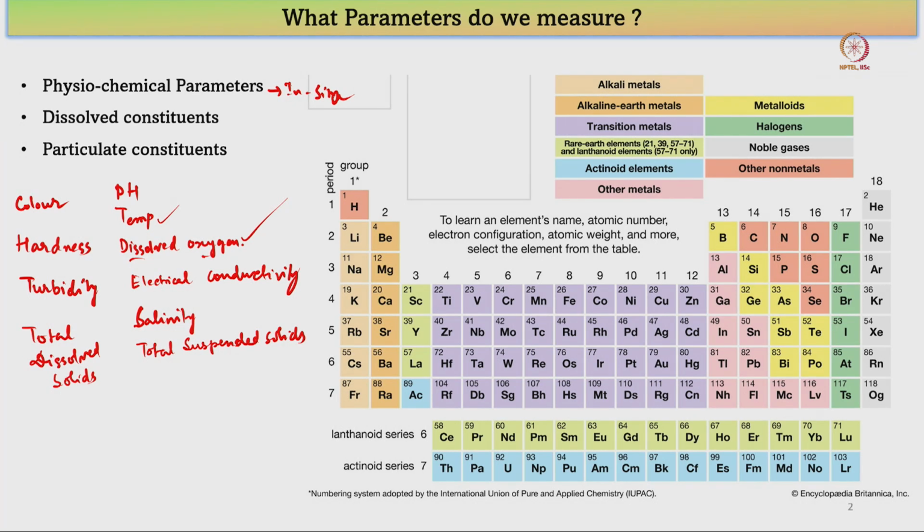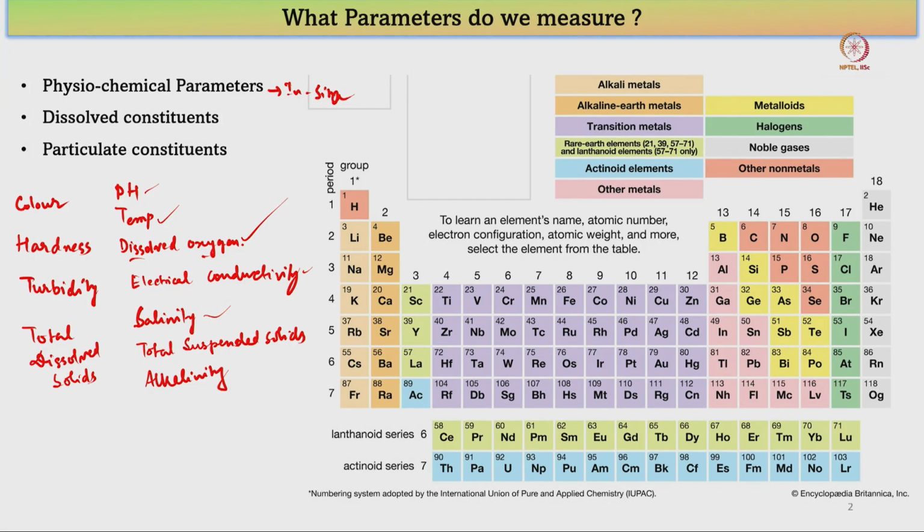What may not change is maybe the electrical conductivity or the pH or the salinity, that may remain constant for some time. But for other parameters like temperature, specifically temperature, dissolved oxygen, and also alkalinity, it is important that you take the measurement in the field itself.